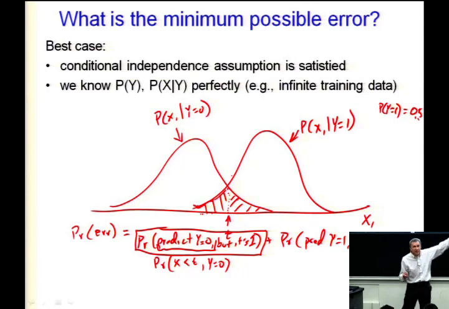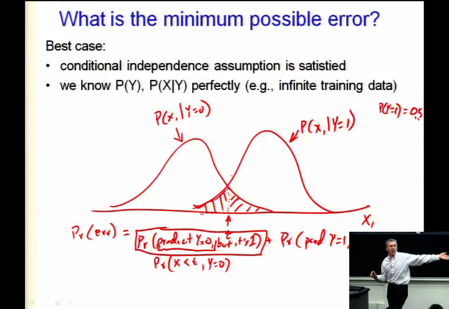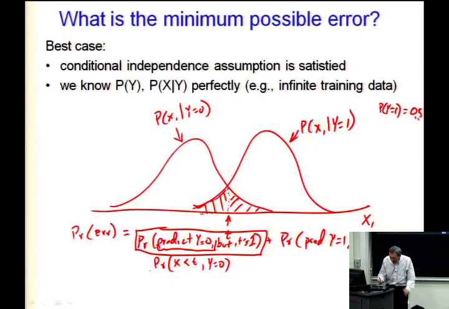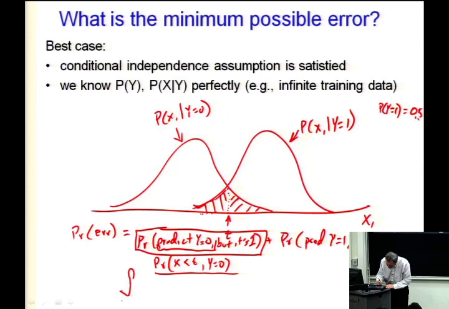But we're going to suffer some unavoidable error from our optimal classifier when we do that. And that error, this probability, is just the integral from minus infinity up to our threshold of this.